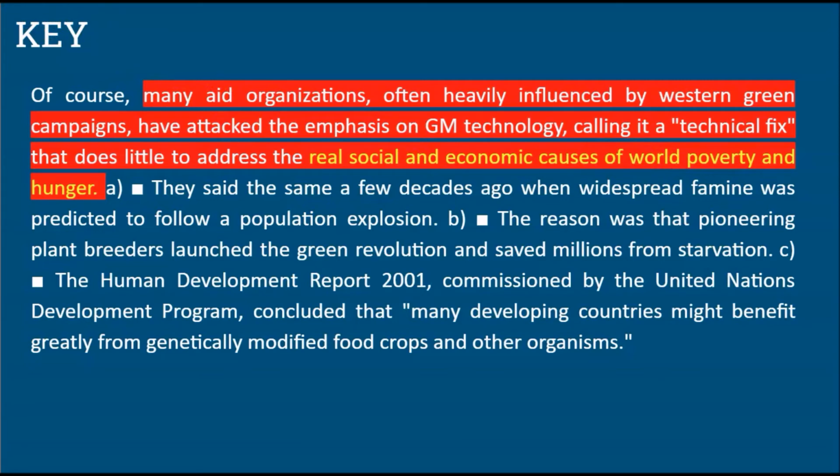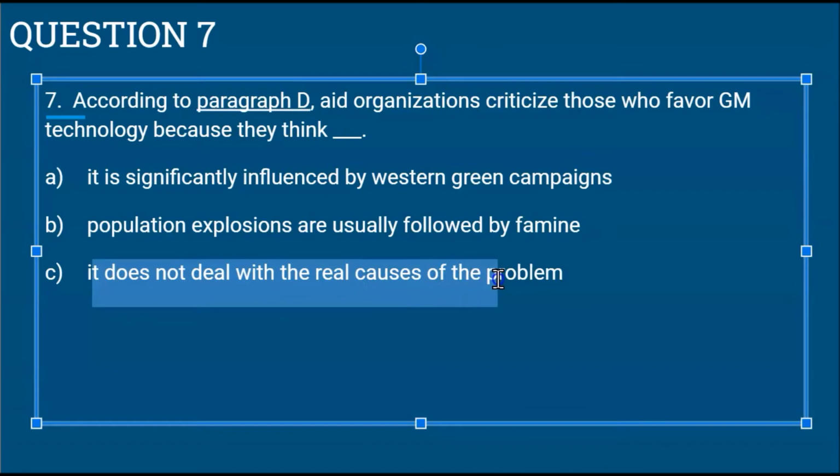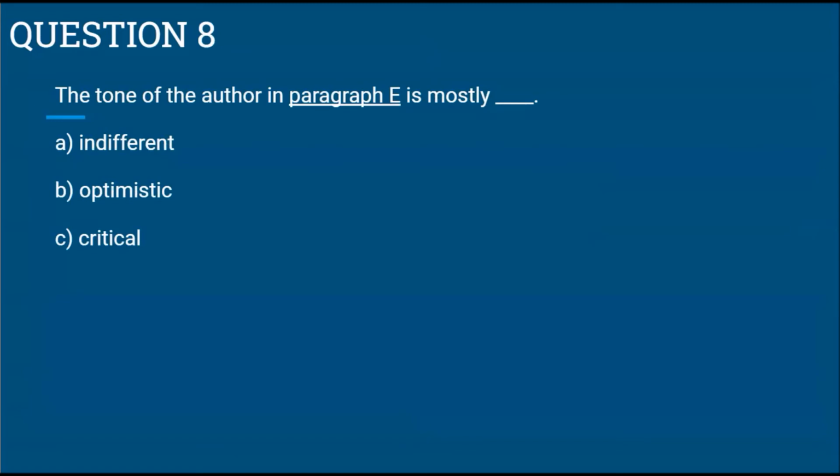From this reference to world poverty and hunger, we can understand that GM technology is criticized because the aid organizations think it does not deal with the real causes of the problem, and the problem can be world hunger or poverty, right? So choice C is correct. Here's the next question, question 8.